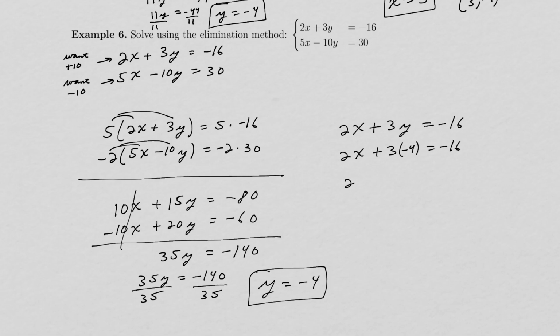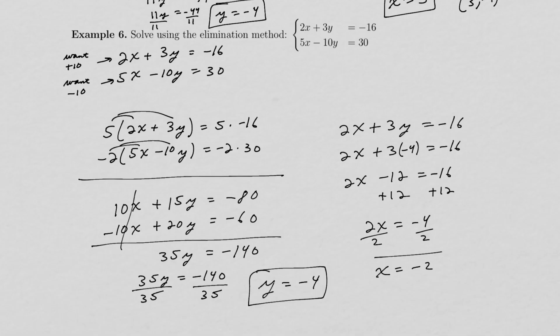So I have 2x minus 12 is equal to negative 16. Add 12, add 12. I'm going to get 2x is equal to negative 4. And then I'm going to divide by positive 2. x is equal to negative 4 divided by positive 2, which is negative 2. Okay, and then that's my solution. So the ordered pair negative 2 comma negative 4, right? That would be the point where the two lines would cross.